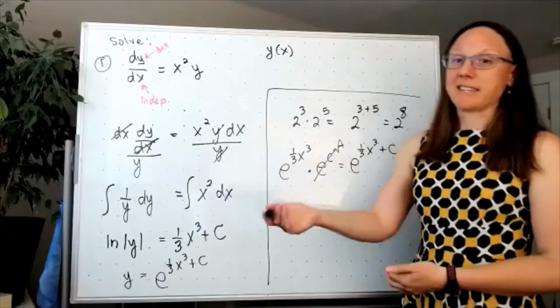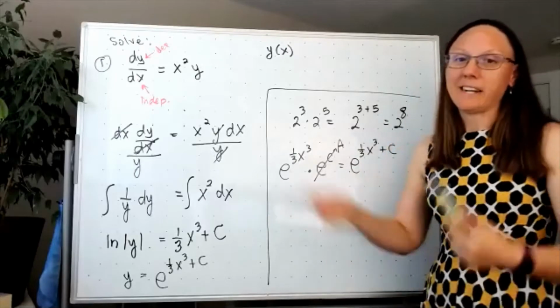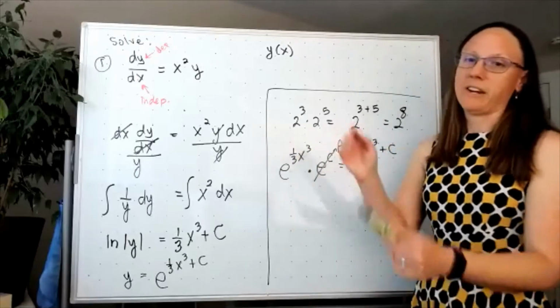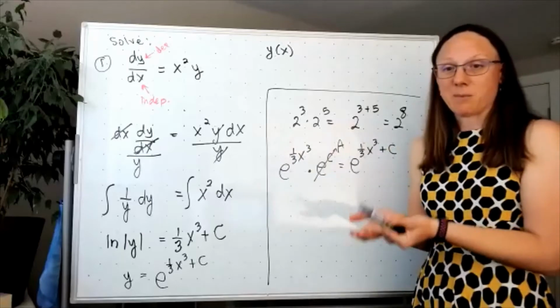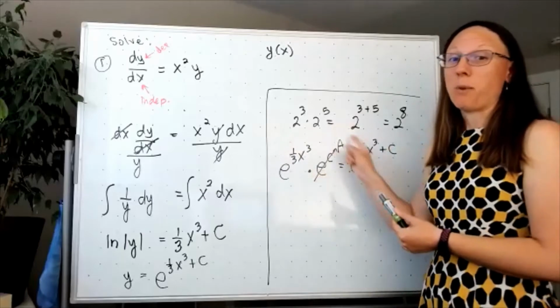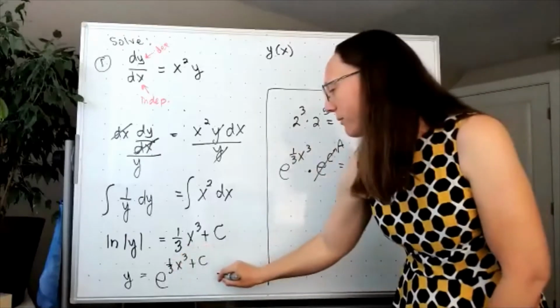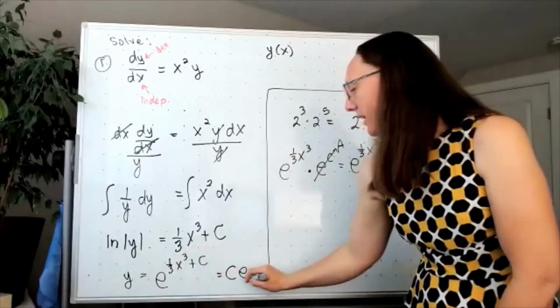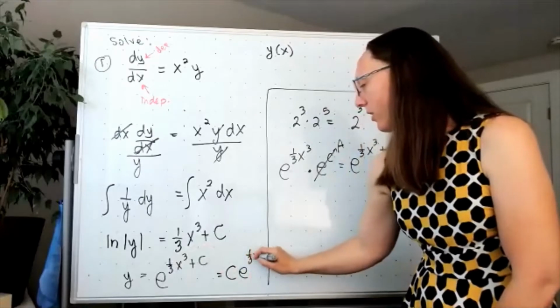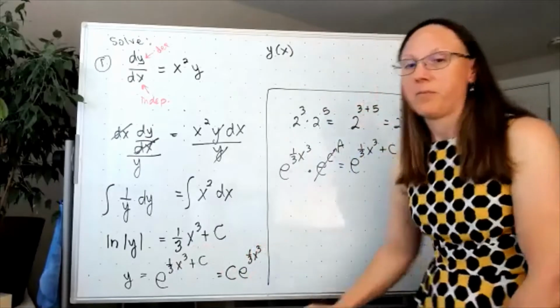Because if I plugged in e to the 6th into my calculator, or e to the 47.9, or e to the 1.38, it's going to spit out a number for me. So by convention, we would take this and choose to rewrite it as c e to the 1/3 x cubed.